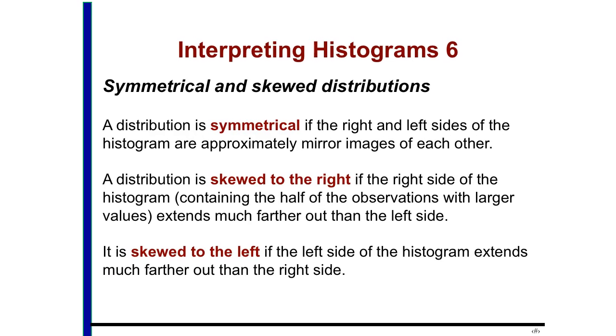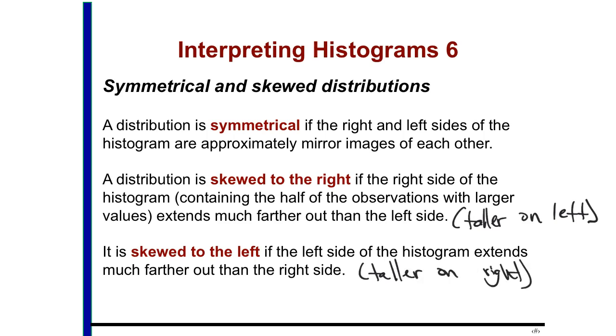If it is skewed to the right, the data is going to be taller on the left. And then if it is skewed to the left side, it's going to be taller on the right. I'll show you an example.